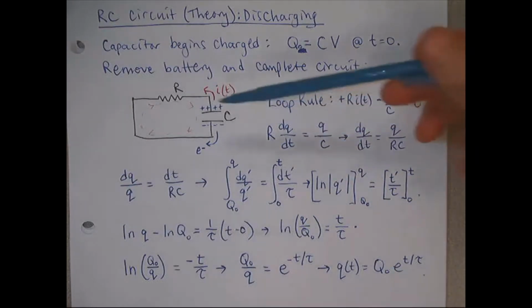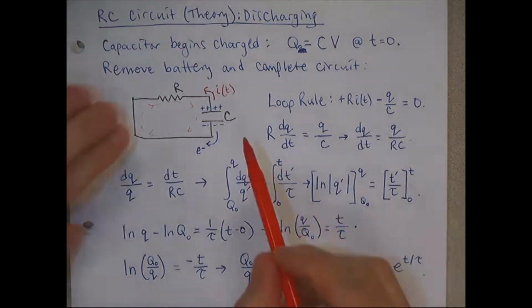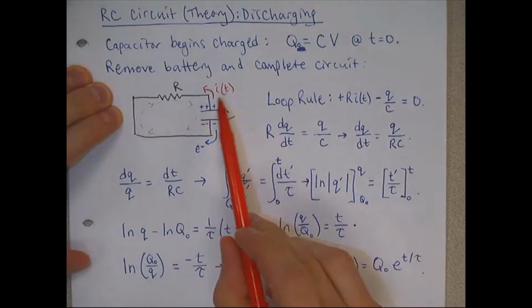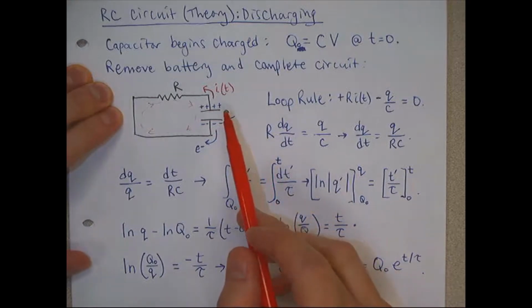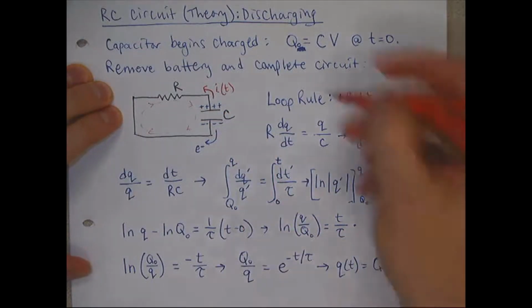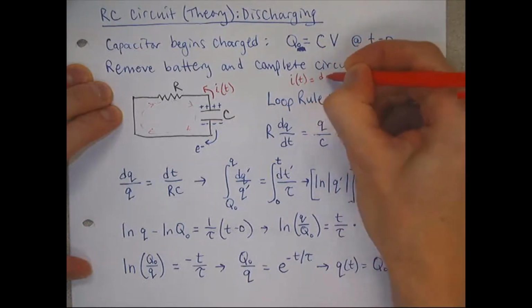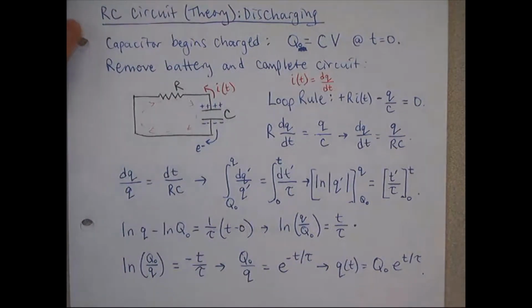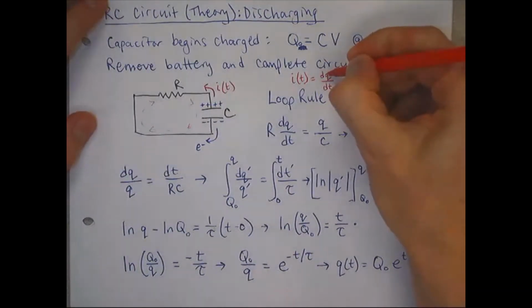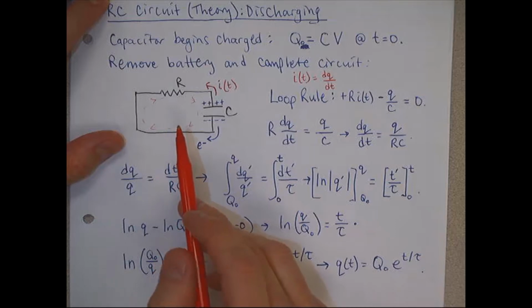Clearly the charge on the plates is not going to grow exponentially with time. Implicit in our definition of I, in the previous charging capacitor case, we said that I is dq dt. It was the rate at which the magnitude of charge was being accumulated on either plate.